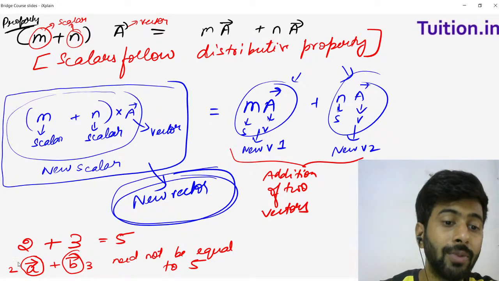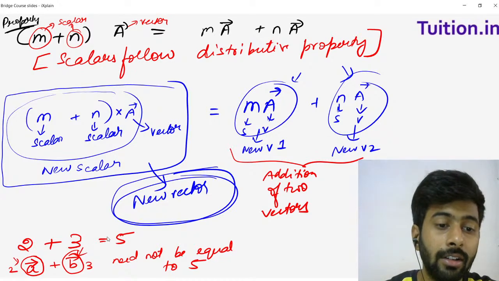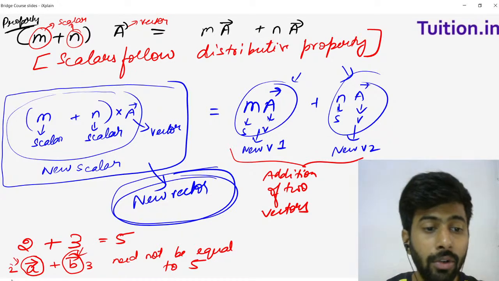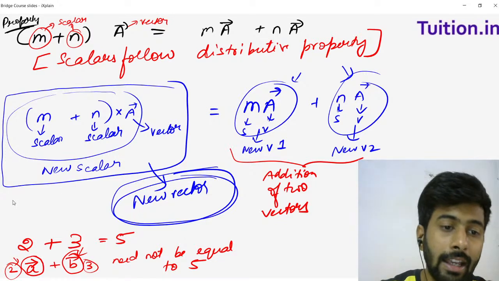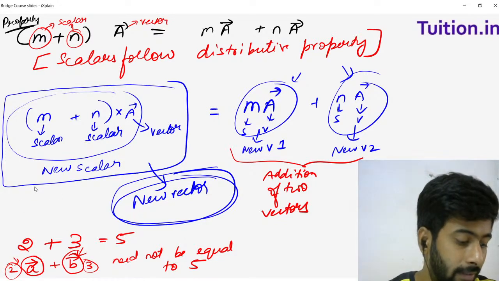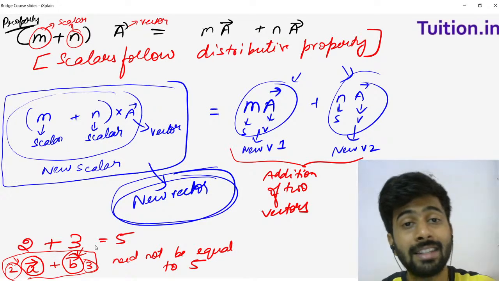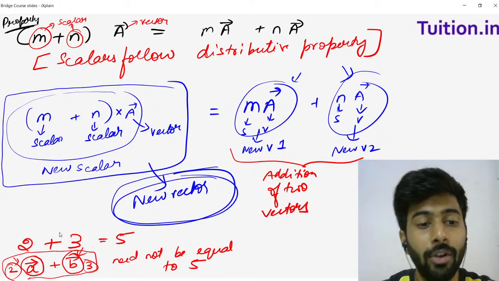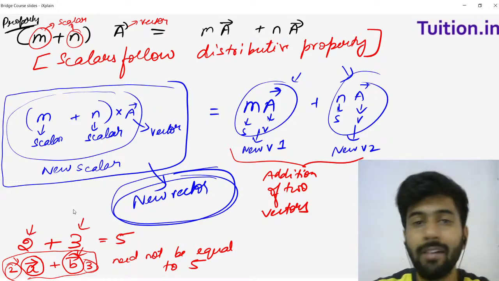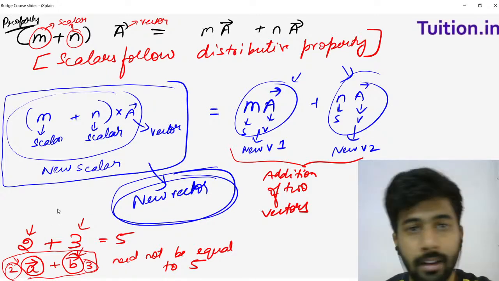Why? Because when A bar and B bar are concerned, you don't just have the magnitude, you also have direction. A bar and B bar also have their respective directions. And what this A bar plus B bar is going to give you, that sum depends on the direction of A and the direction of B also. Whereas with scalars, you don't have a problem of direction. You have 2, you have 3, straight away add them, that's equal to 5. Correct?